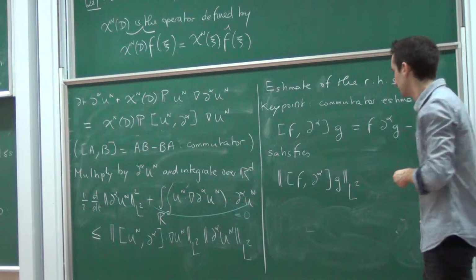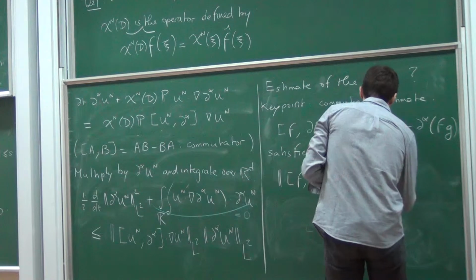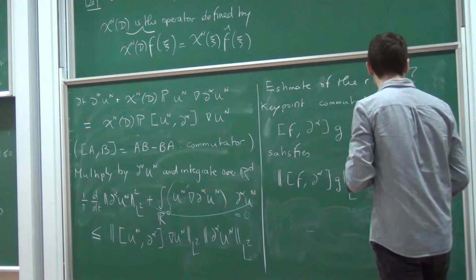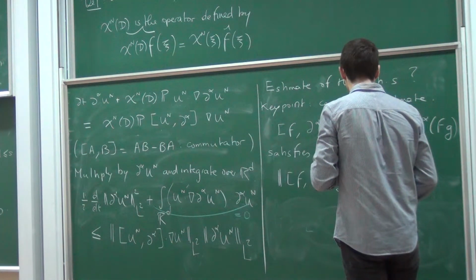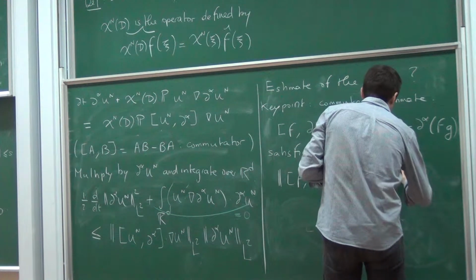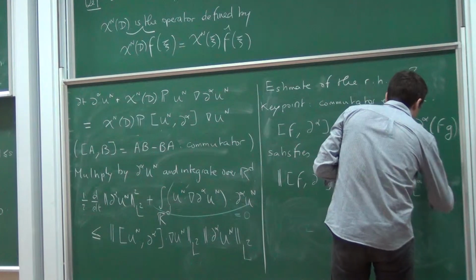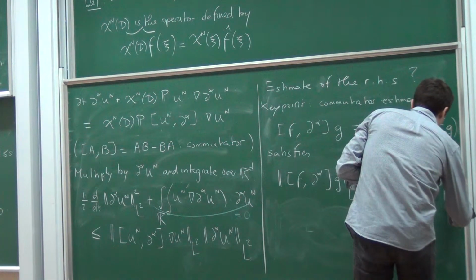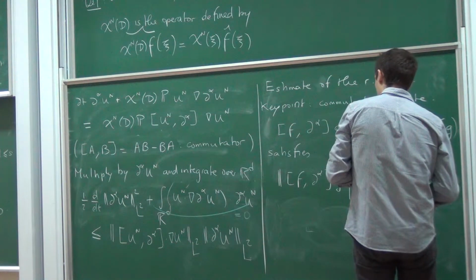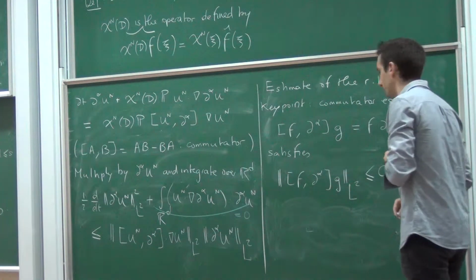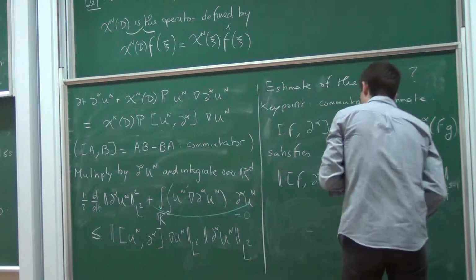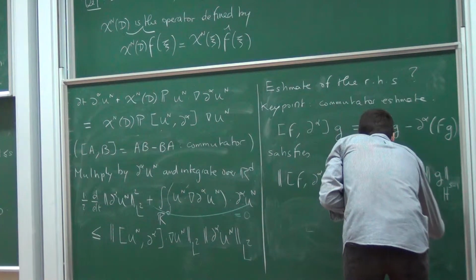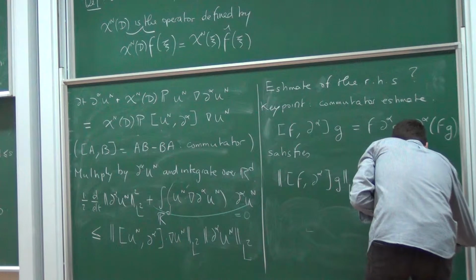The L2 norm is less than a constant times the gradient of f in L infinity times the norm of j in Hs minus 1, plus this is the other term, the norm of f in Hs times the norm of j in L infinity.